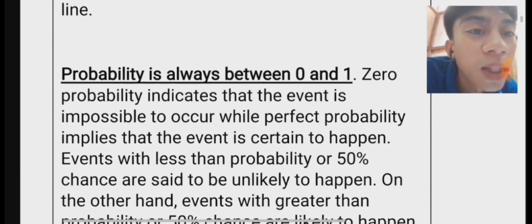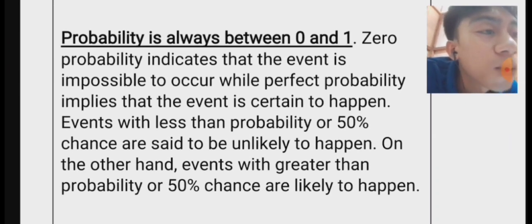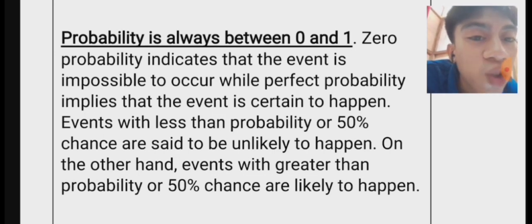0 probability indicates that the event is impossible to occur, while perfect probability implies that the event is certain to happen. Events with less than 1/2 probability or 50% chance are said to be unlikely to happen.